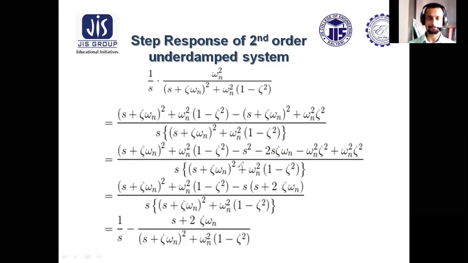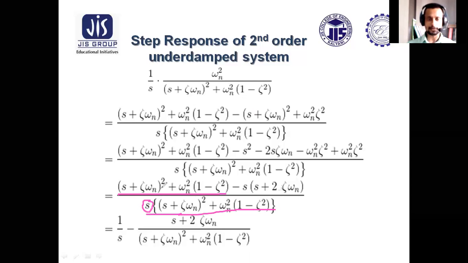Now, after this, what have we done? See, consider this part together. This part of the numerator and the denominator part are the same, only the denominator has one s extra.